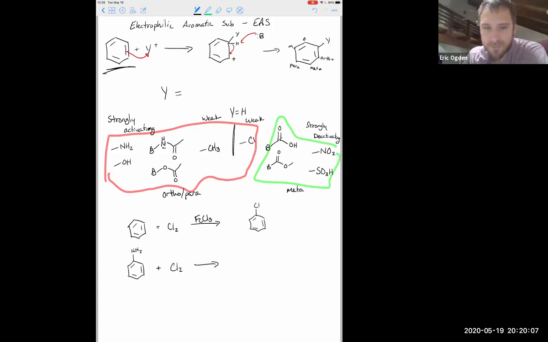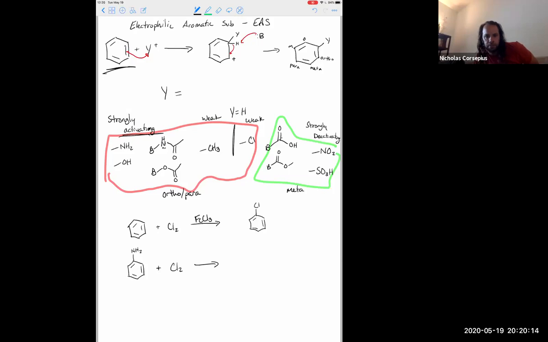Because the amine group donates electrons to make it a better nucleophile anyway. So this is what activating means, right? It just makes it more reactive. So if I have an aniline, it's that much more reactive than benzene. I actually don't need a catalyst. And I'm going to get a mixture of products because this is an ortho-para director.